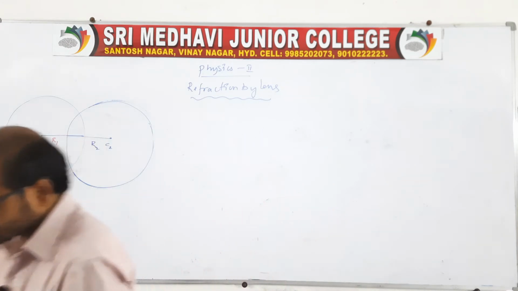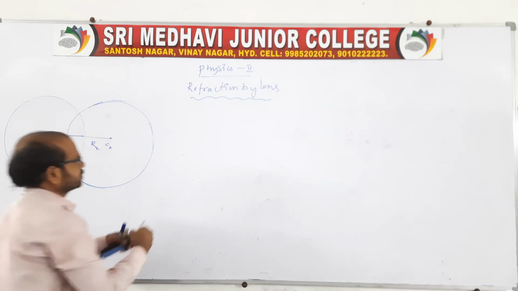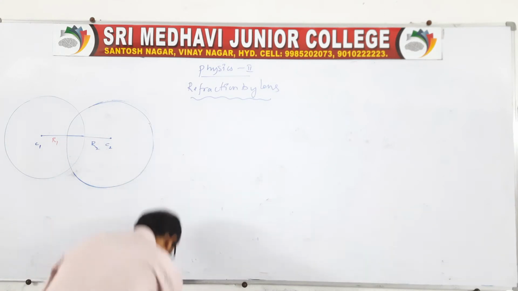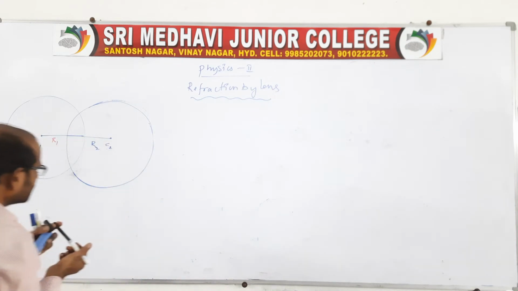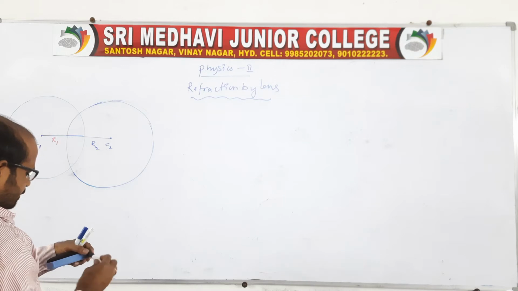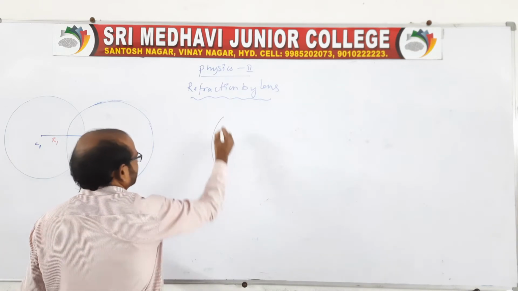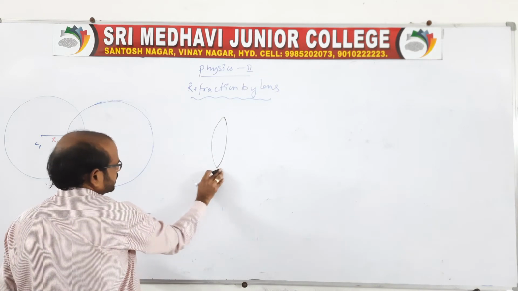Now I'll give you clear information about the center of curvature as well as the radius of curvature. Suppose you take this part and that part, and remove them from that. Then we may get it like this. Look, this is the second part and this is the first part, right?